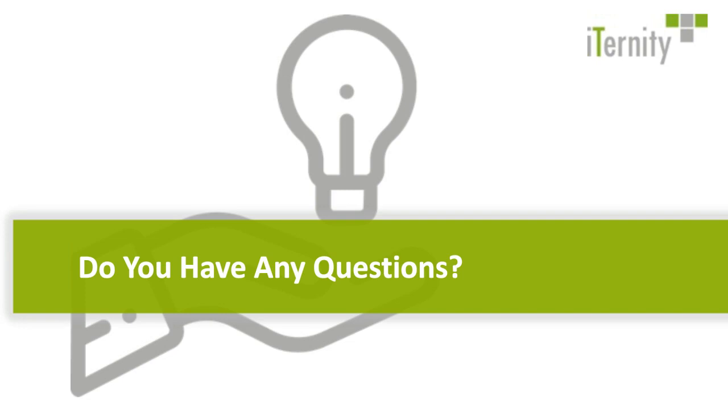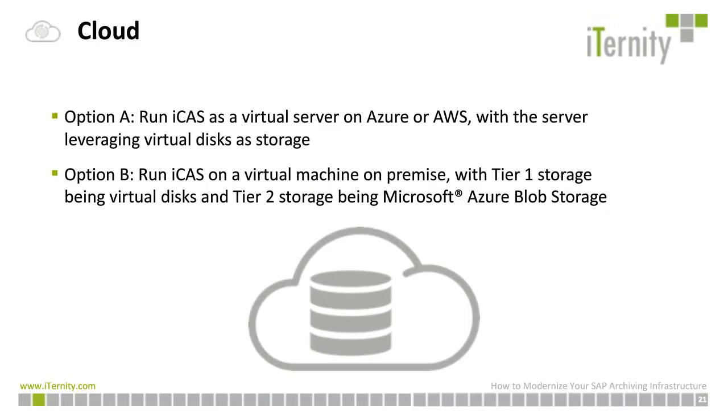The next question comes from Mike. Mike asks, you mentioned running ICAS in the cloud on one of your slides. What are the options for using AWS? Let me check if I can quickly put that slide back up so that you can see it. You can choose to run this as a server in the cloud on Amazon, using Amazon storage.